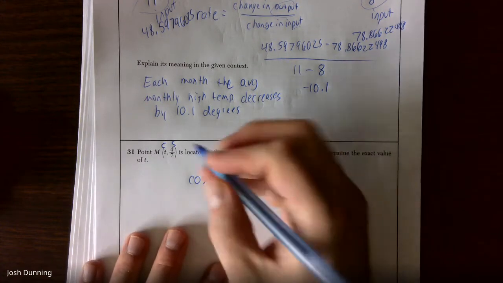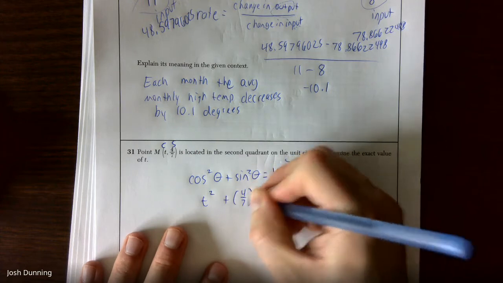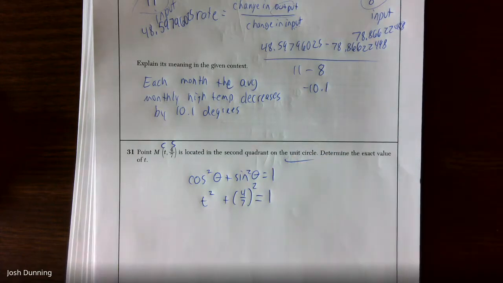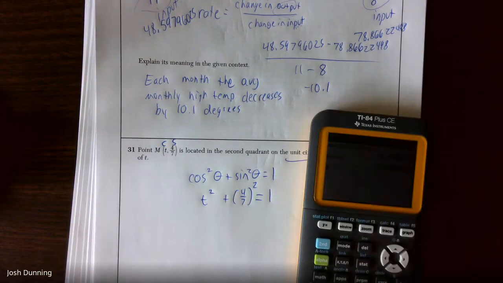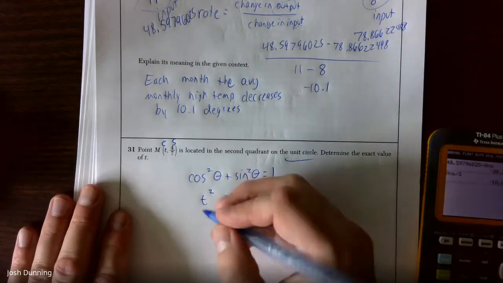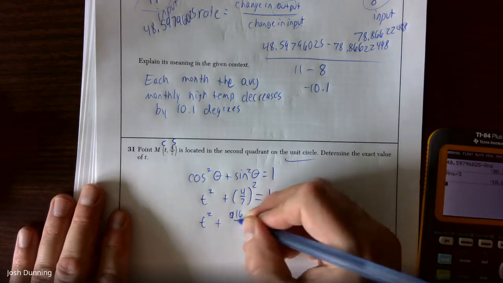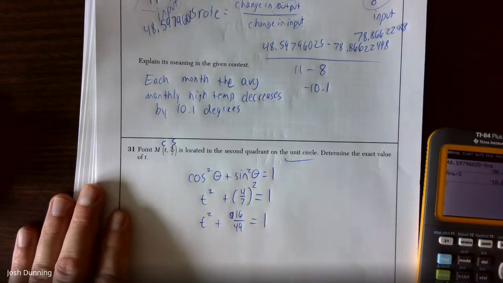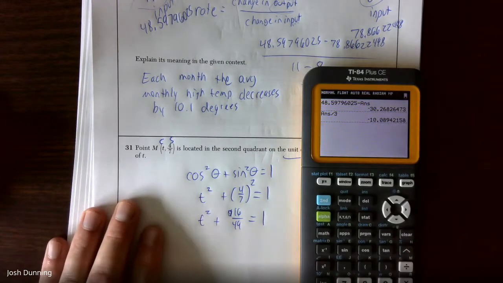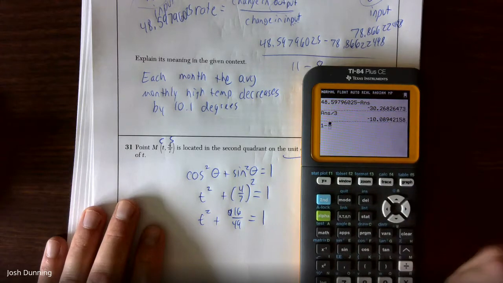So I have t squared plus (4/7) squared equals 1. Remember, you just square the 4, square the 7, or you could type it in: 16/49. Then we'll subtract the fraction, 1 minus 16/49.